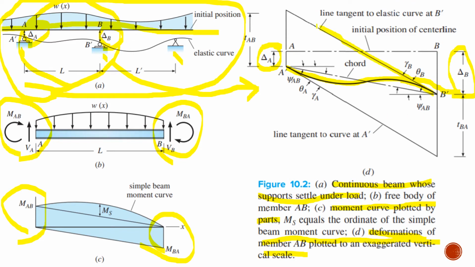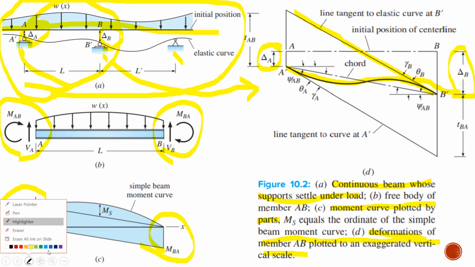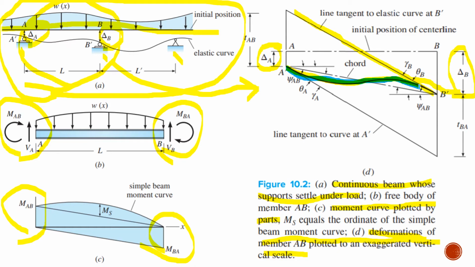This tangent line is tangent to this curve, and also at B. With respect to A, the tangent line is likewise tangent to the curve there.